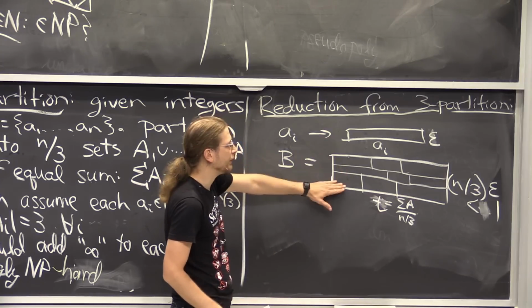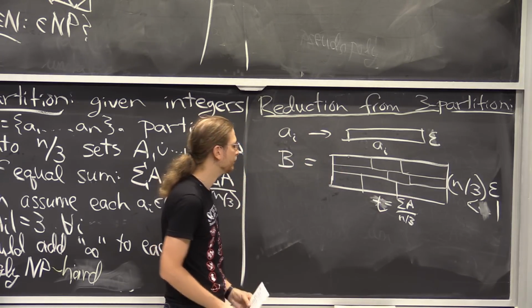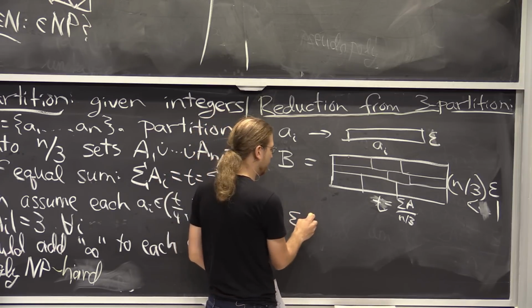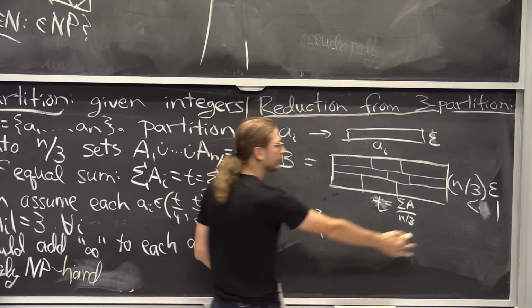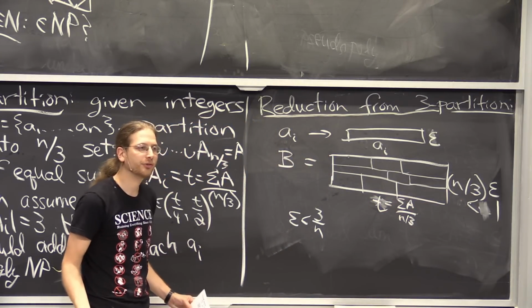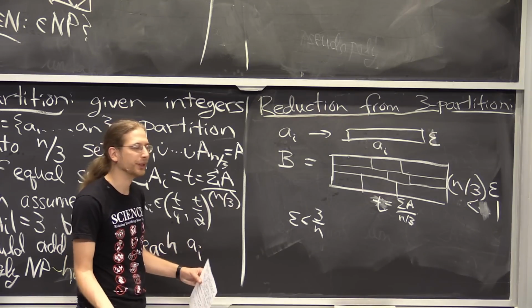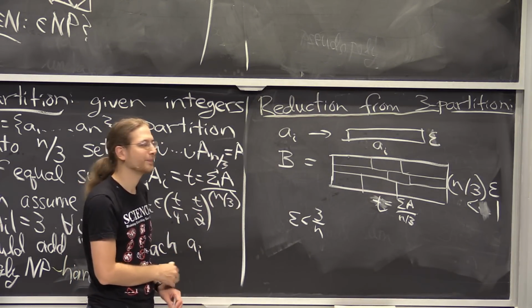I didn't change the intended solution, I just made everything narrower. So I just need to set epsilon less than 3 over n. But I want integers, so I should scale everything up by n over 3. So just multiply all the numbers by n over 3, and you're done.